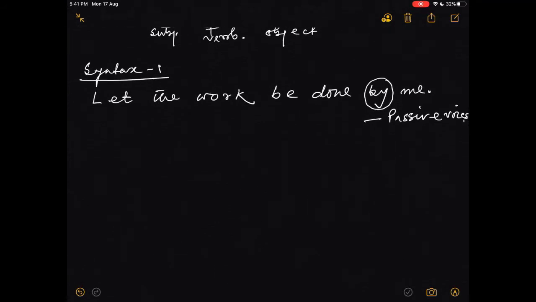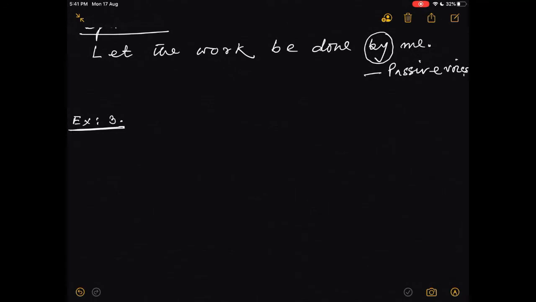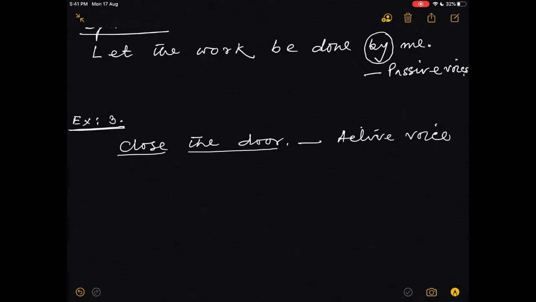Take the third sentence, example 3. What is the third sentence? That is close the door. Same format, active voice. Use the syntax, and this is the verb and this is the object.